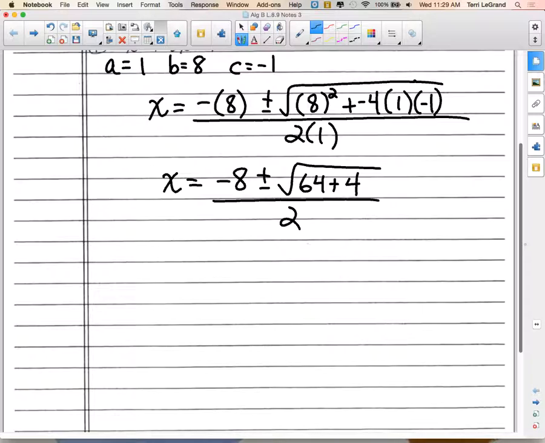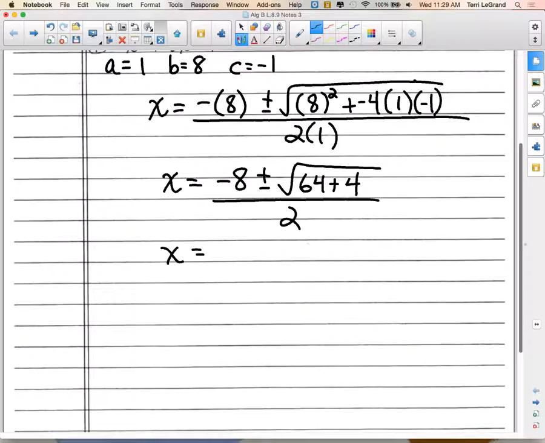Do we agree? So our b squared becomes 64, and our negative 4ac becomes a positive 4. Do we agree? And 2 times our a value becomes 2, and the opposite of 8 is negative 8.